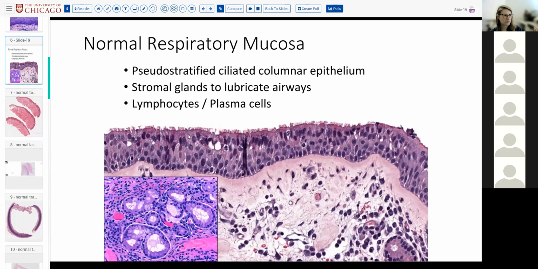But remember that normal respiratory mucosa is pseudostratified, ciliated, columnar, right? So what does that all mean? Pseudostratified means that it looks layered, it looks stratified, but every single cell sends a process down to the basement membrane and touches it. It's just that the cells are organized in such a way that they look stacked on top of each other.